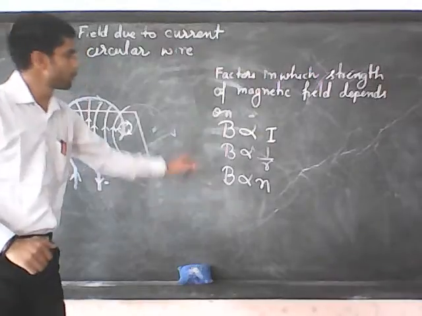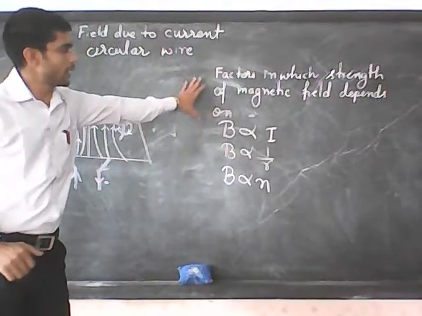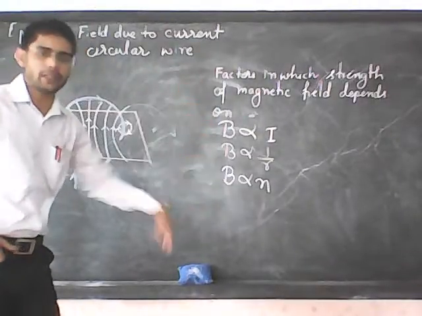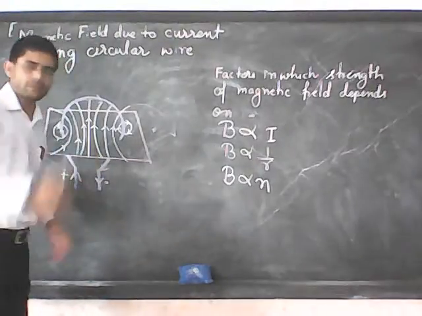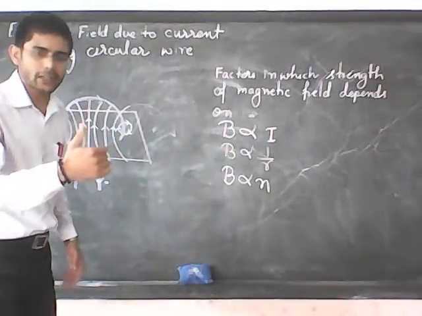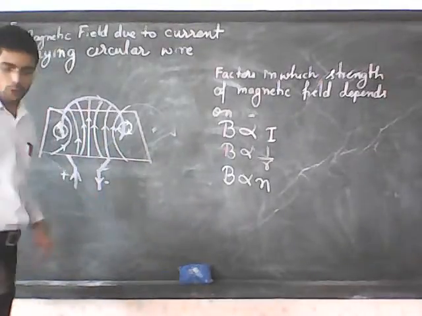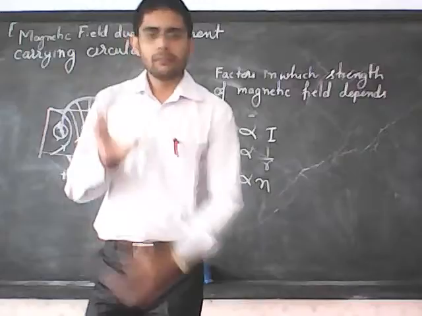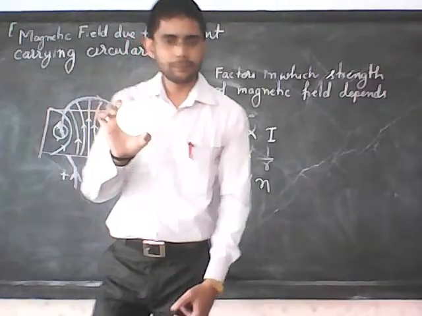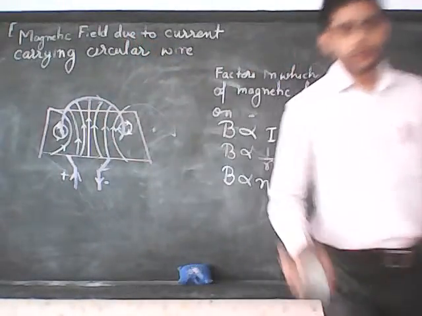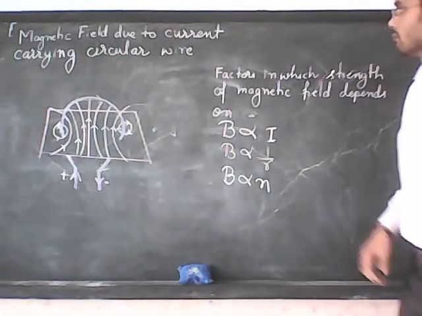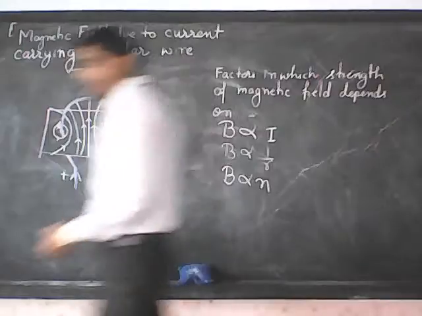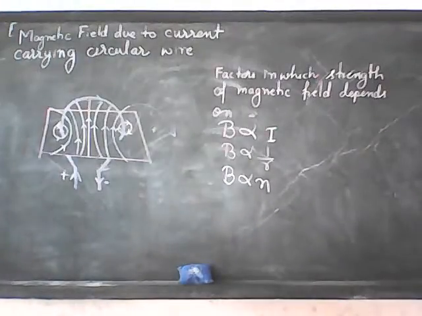Is that okay? So these are the factors on which the magnetic field depends, students. And the direction you can find out by either the right hand thumb rule or also by placing a magnetic compass. Right? So this is the concept for magnetic field due to a current carrying circular wire.